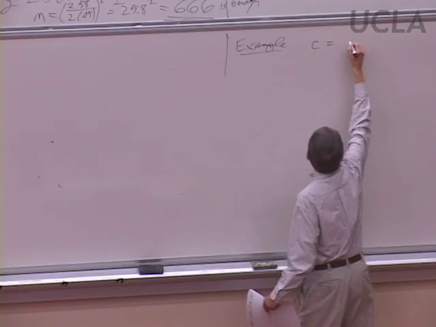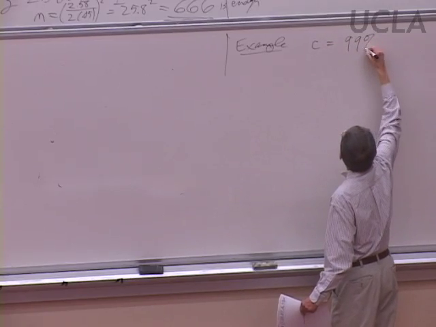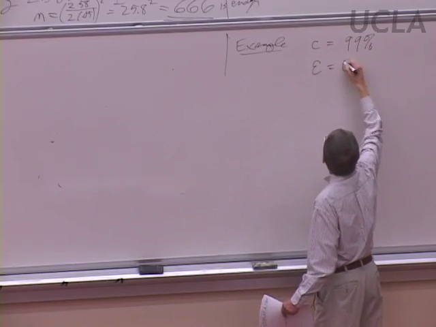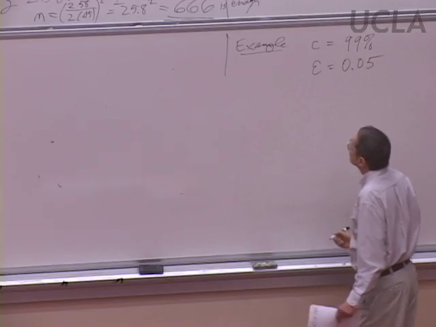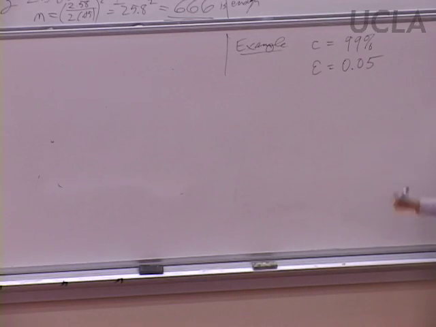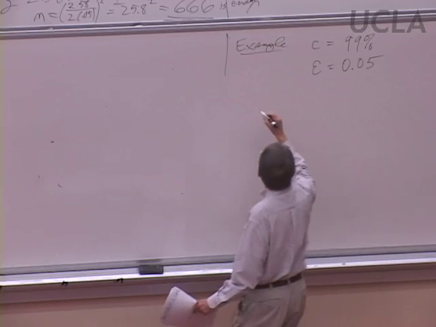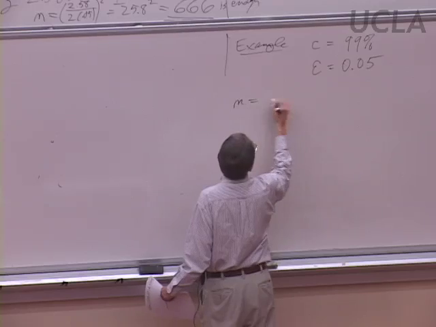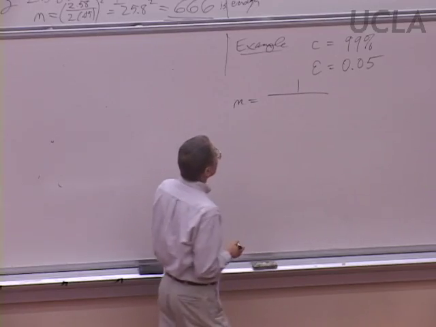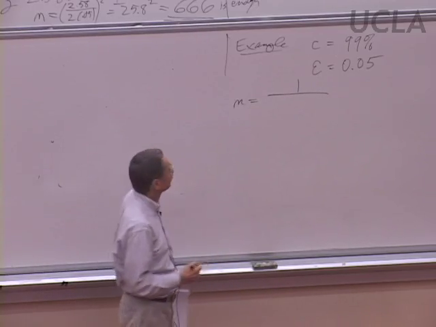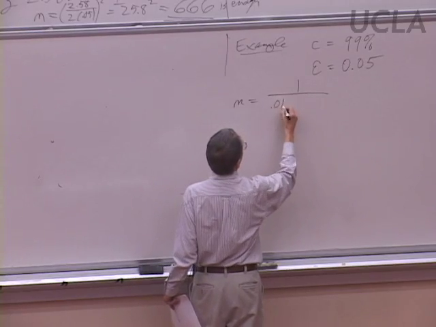We're given that c is to be 99%. Epsilon is 0.05. And what study size do we need? Well, let's plug it in. 1 minus c is 0.01.